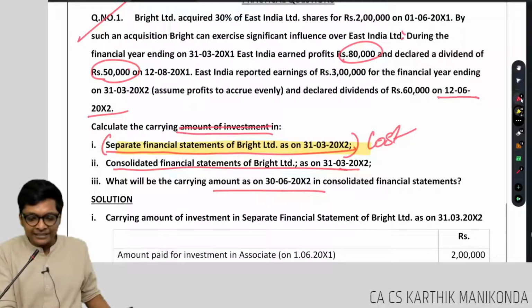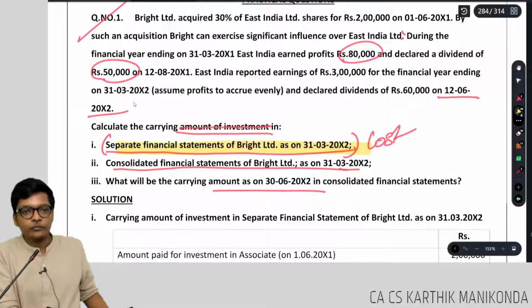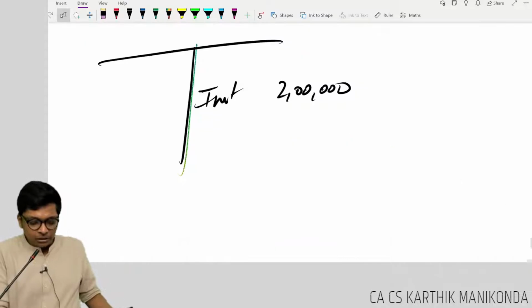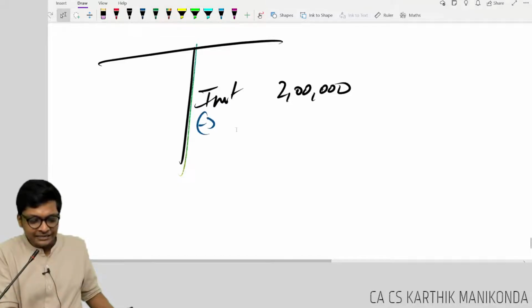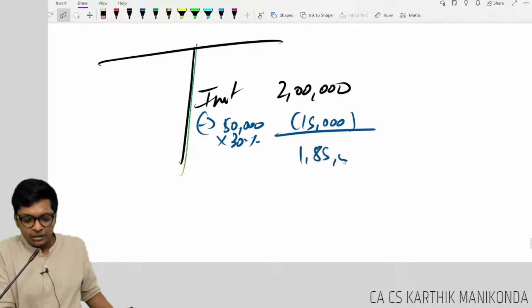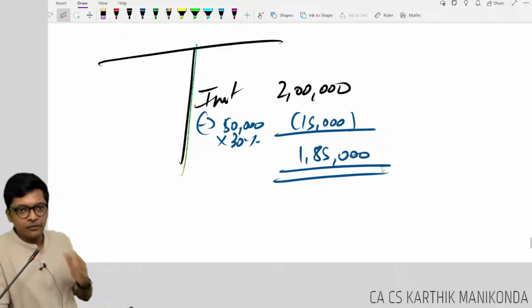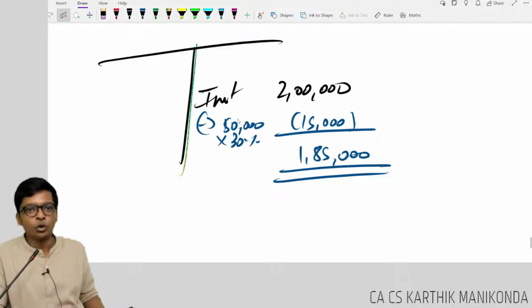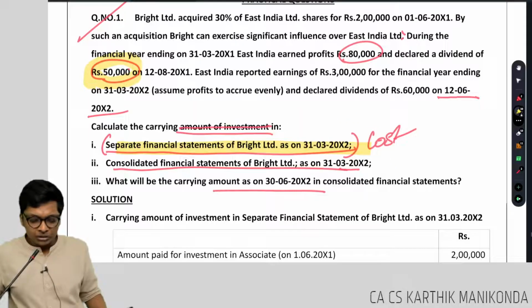How much is dividend, guys? 50,000 into 30%, so less 50,000 into 30%, minus 15,000, you get 1,85,000. Same answer with or without calculator. So that is the first answer, guys.